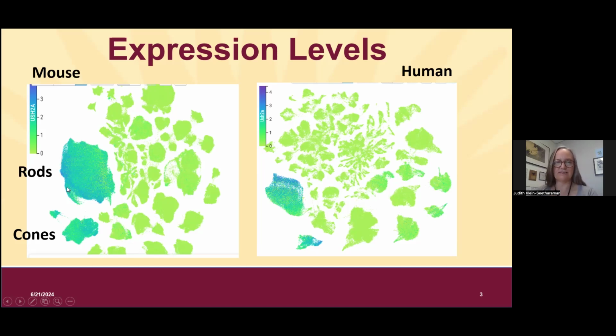And what you can see here is that the expression is very specific in the eyes, both in mouse and human, and is very rod and cone photoreceptor cell specific. You see that there are some other cell types that have a little bit of expression, like here and here, but the amount is much smaller, so the color blue is much less represented in these other cell types.